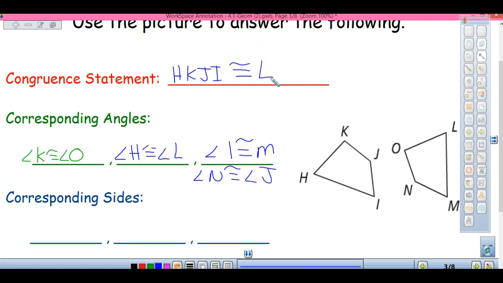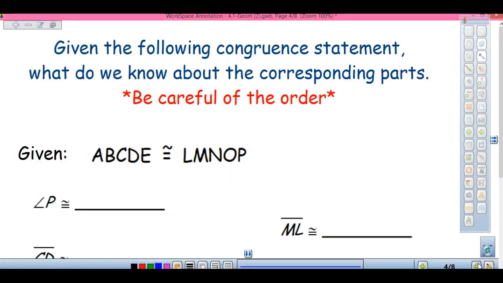L, O, J and N, I, N, M. We get into a little bit more than just this. Corresponding sides, I think we're good on that. Let's look at this one for corresponding sides.